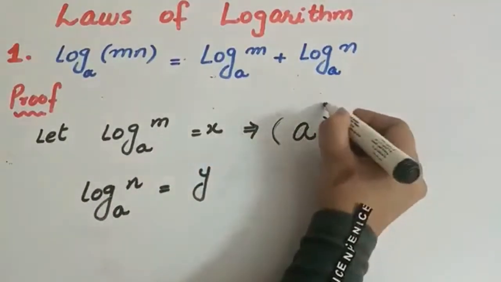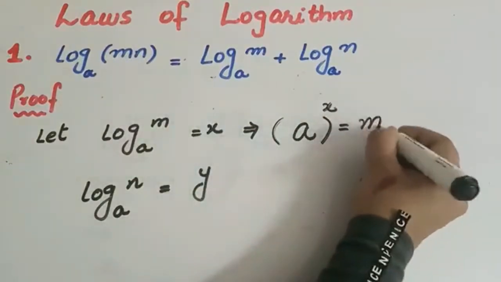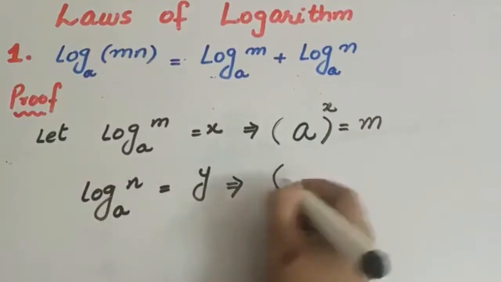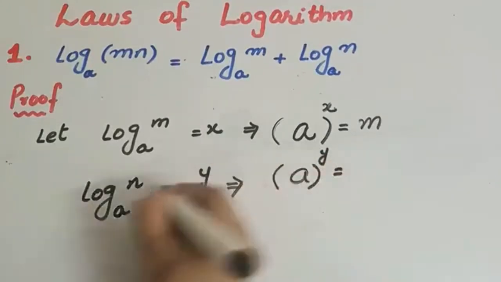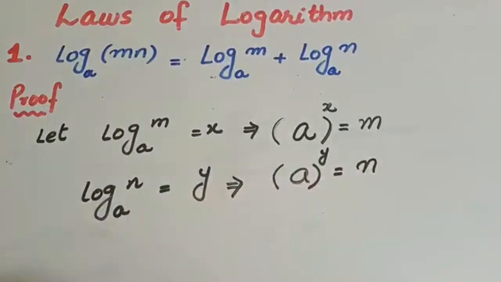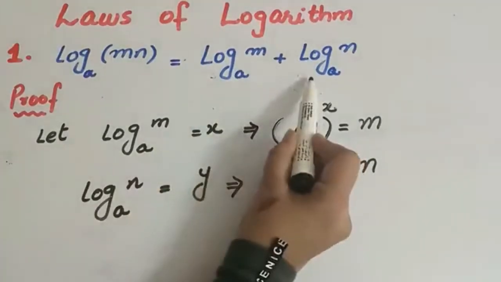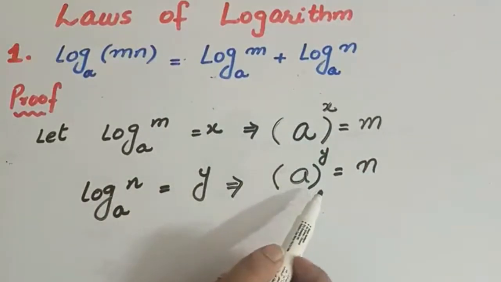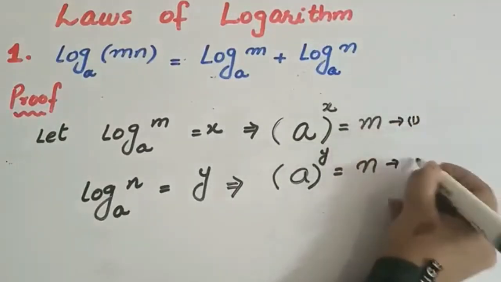This x will become the power and m will come after the equal sign. Similarly, the exponential form of the second is: base is a, y becomes the power and n comes after the equal sign. So we have supposed these as x and y, and afterwards converted them into exponential form. Now, this is equation 1 and this is equation 2.